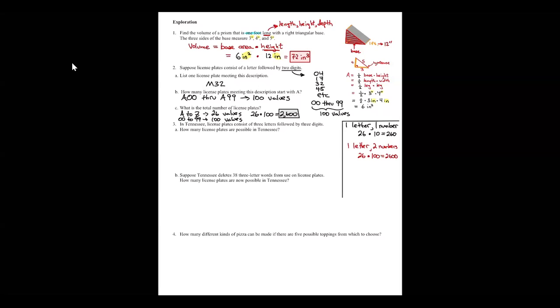we're looking at 3 letters followed by 3 digits. Well, we know what happens when I go from one number to 2 numbers. That got me from 10 to 100. So it's not much of a stretch to say that 3 numbers or 3 digits would get me to 1,000.